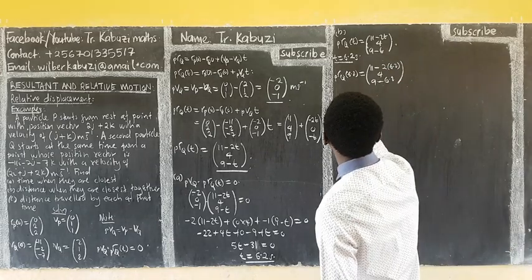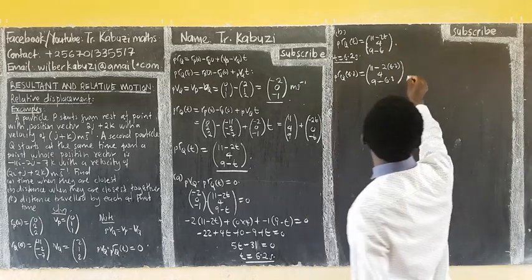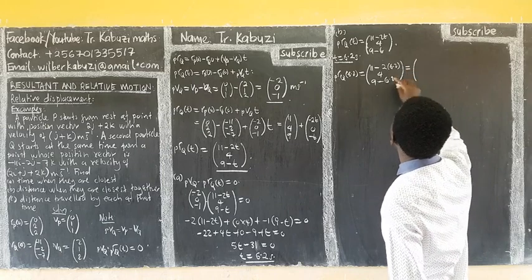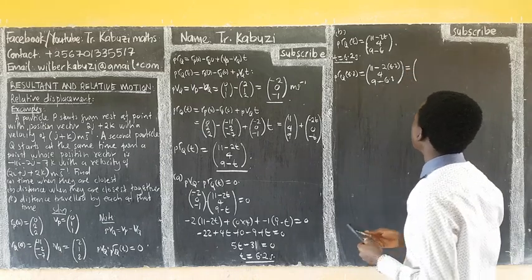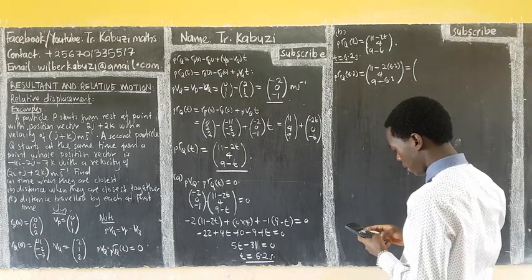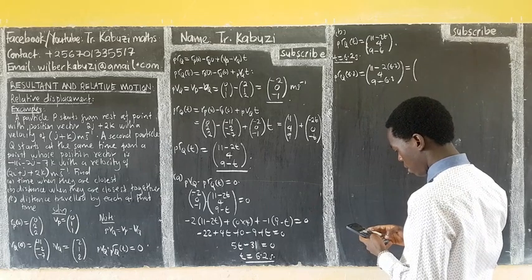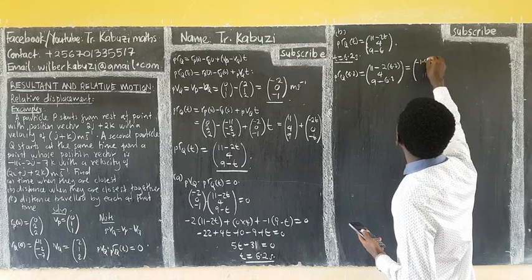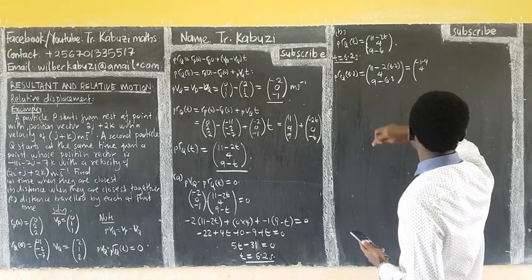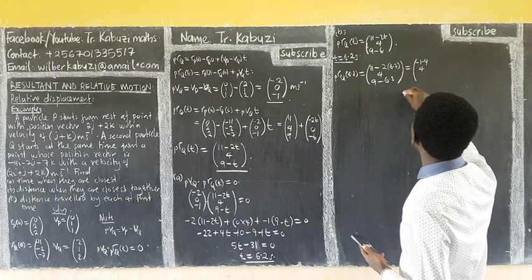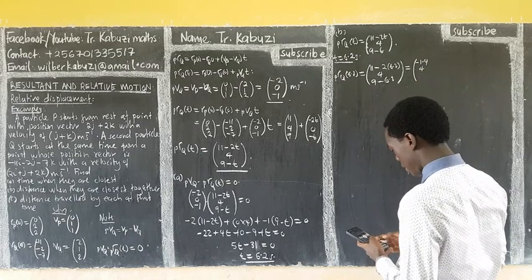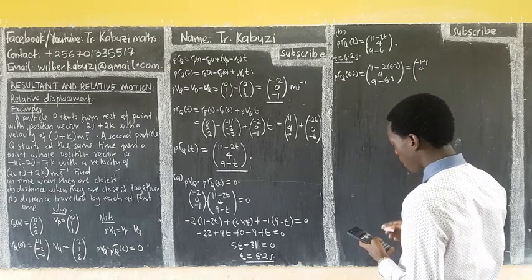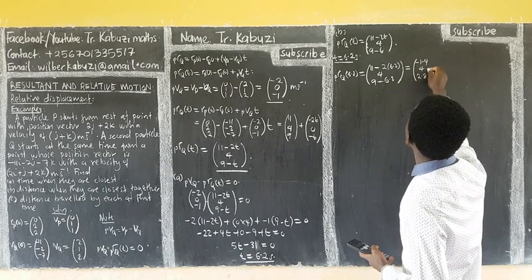From there, this will give us negative 1.4, this is 4, and this is 2.8.